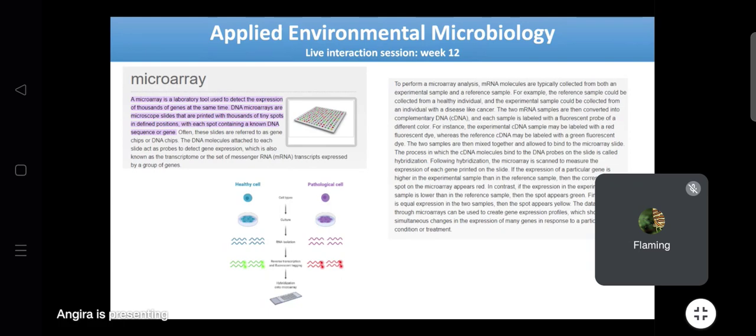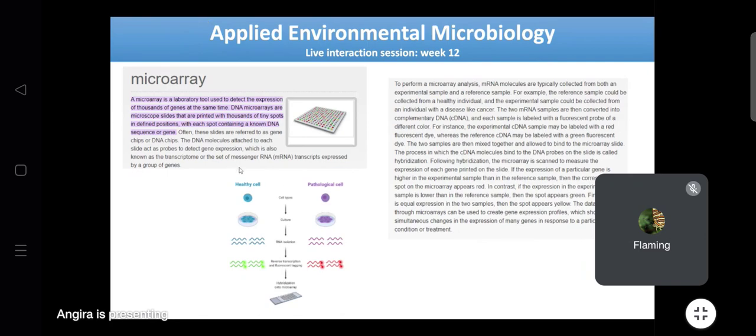So the DNA molecules attached to each of these slides basically act as probes and detect certain kinds of genes that are being expressed in the sample. So these genes which are to be found out are known as the transcriptome, or a set of messenger RNA transcripts. So what are microarrays used for?